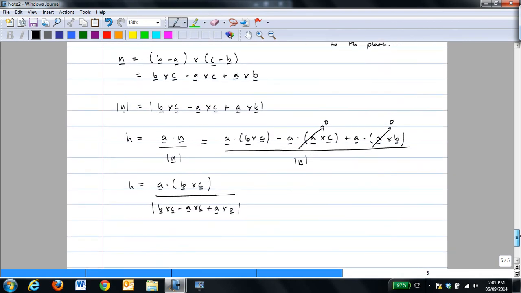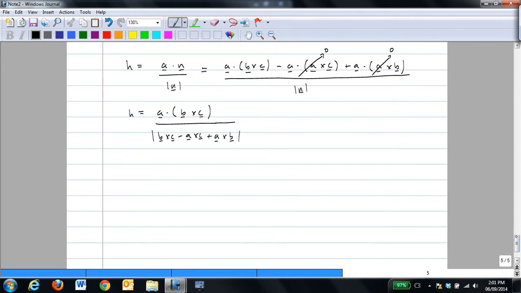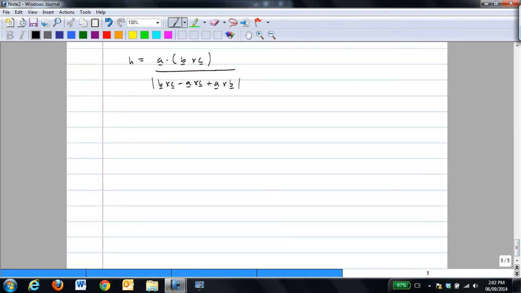So the second part of this question asks you to find the area of the triangle that forms between these three vectors, or these three points. So let's draw out our triangle. We want to find the area of the triangle that forms from the three points. Again, we have our c here, we have a here, we have b here.